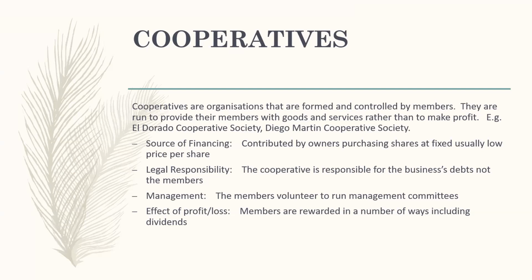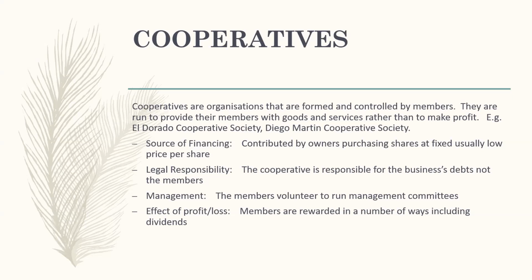Now, these cooperatives are more or less run so that they can provide for their members. So their members are going to get cheaper goods. Some of these cooperatives provide agricultural goods, and these goods are sold at a cheaper price.